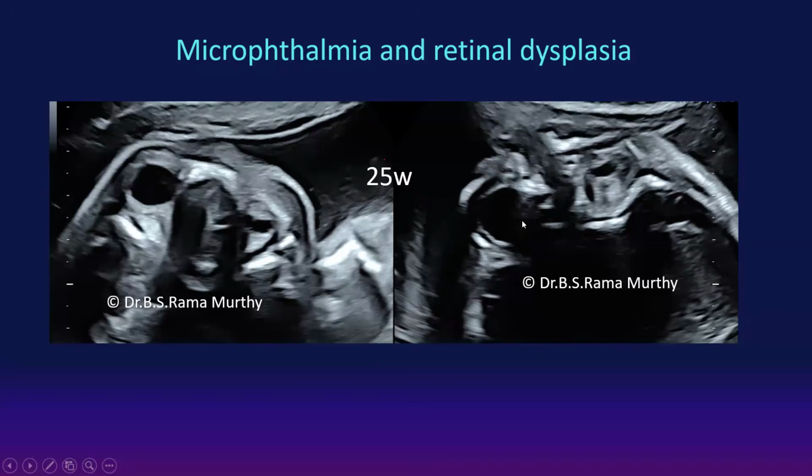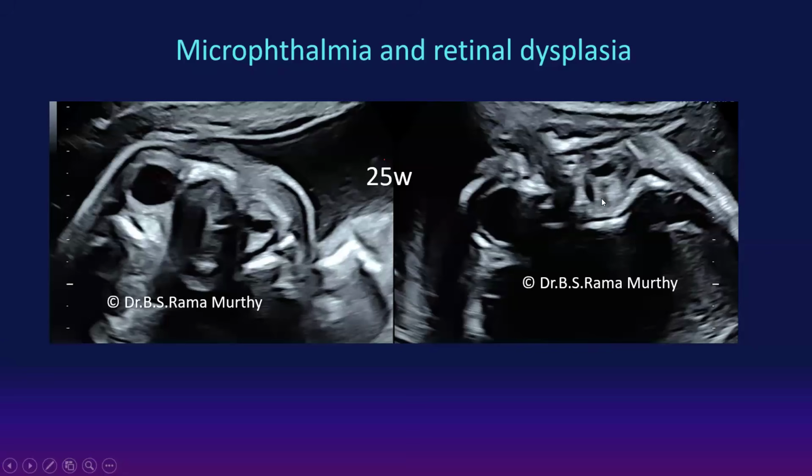Instead of seeing a clear uniform retinal outline like this, at the posterior aspect of the globe, you see thick echogenic bands, a cone-shaped echogenic band extending from the anterior serrated border to the optic cup where the retina is supposed to attach. That entire part is lifted off.